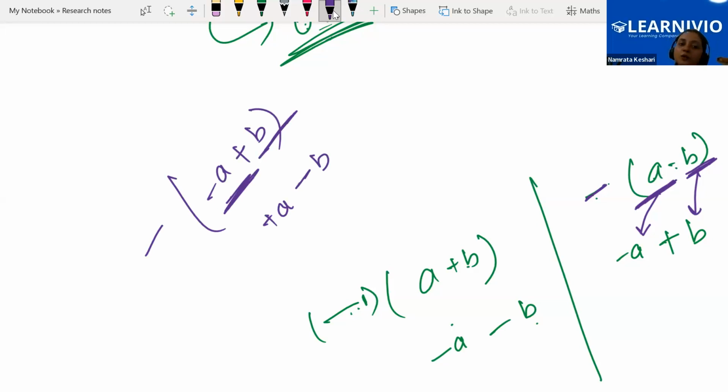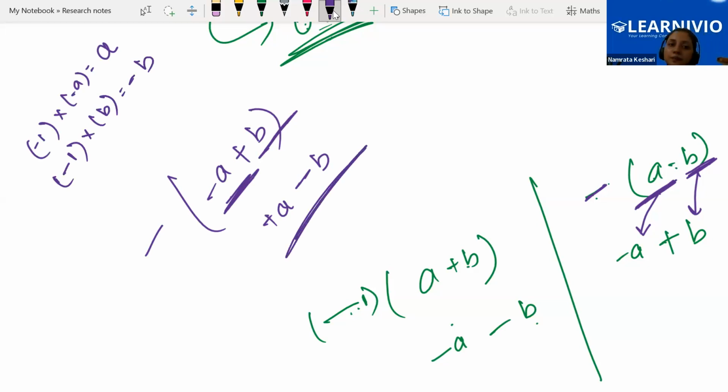Why? Because you are doing the multiplication of -1. When you do -1 into plus b, it creates minus b, and that's what is written over here. Getting it?